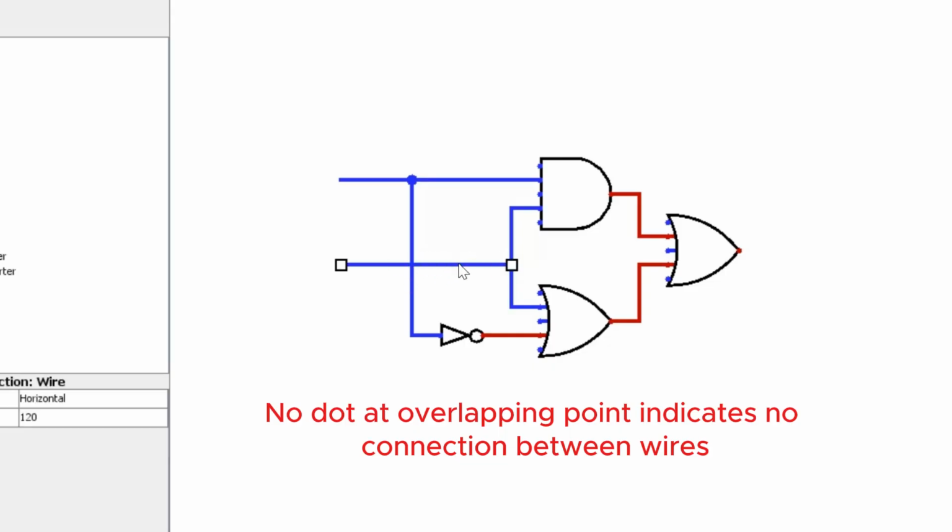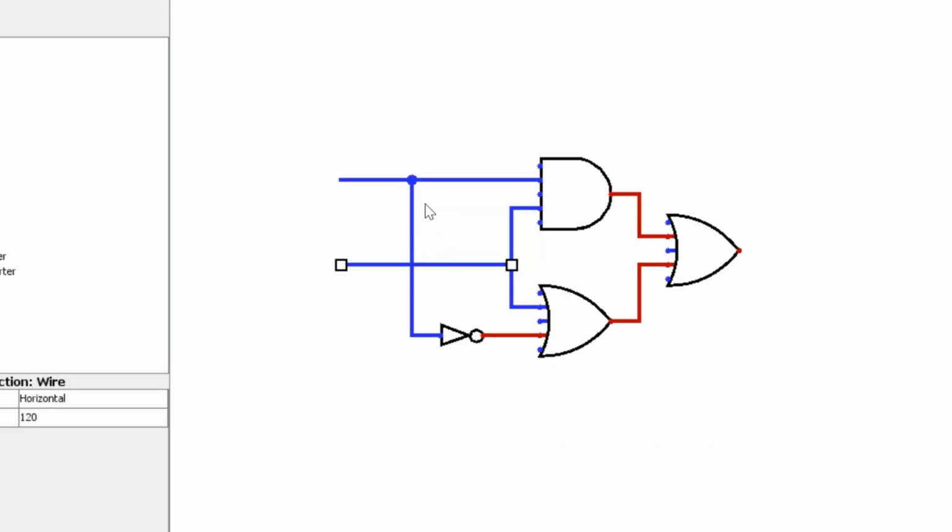It means that this horizontal wire is not connected to this vertical wire. So don't worry that overlapping them like this will cause them to be connected.